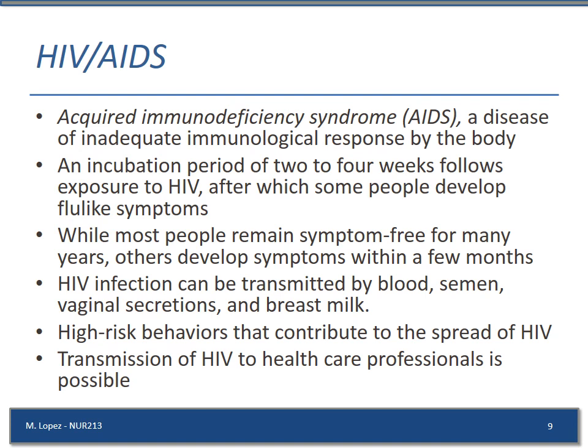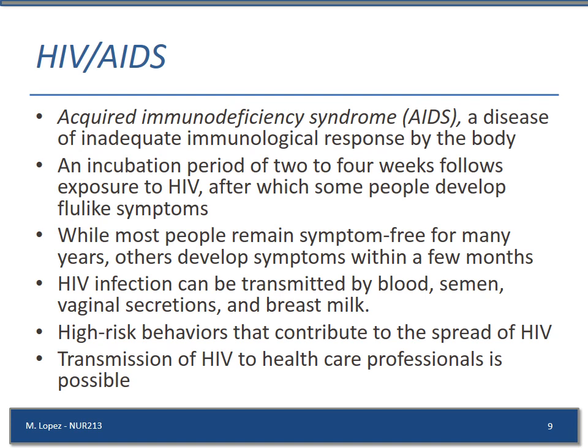Now, high-risk behaviors are associated with the spread of HIV, and those include engaging in unprotected sexual intercourse, having multiple sex partners, withholding information about HIV status, and sharing needles or syringes. There's also high prevalence among men having sex with men.